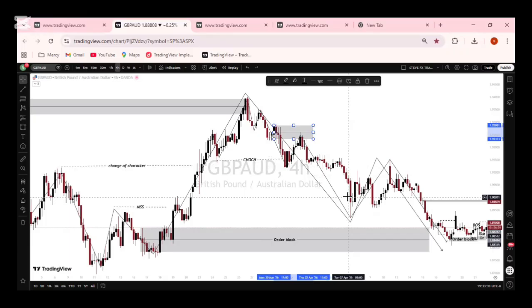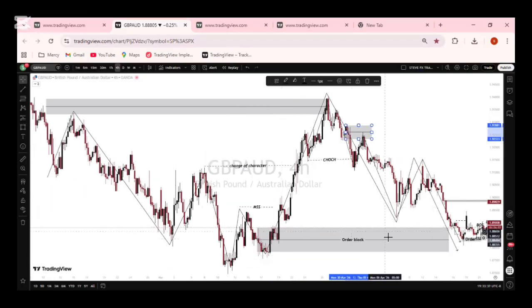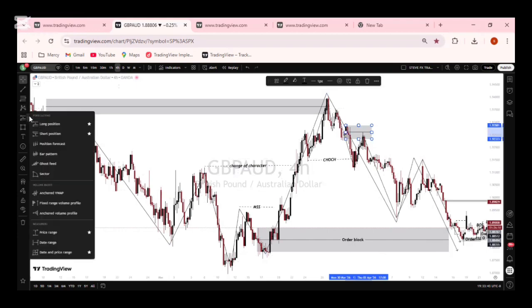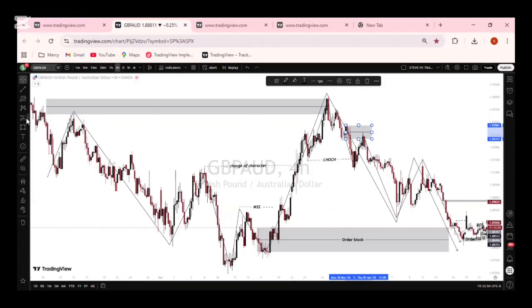All that they are looking for is market to get to your higher time frame point of interest. So over here, from our external structures, we have our point of interest. We'll go to the lower time frame as well.